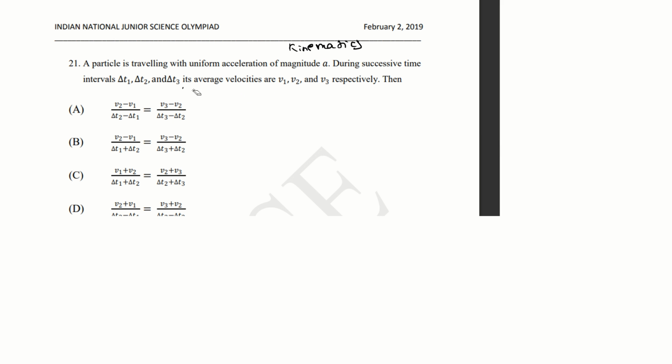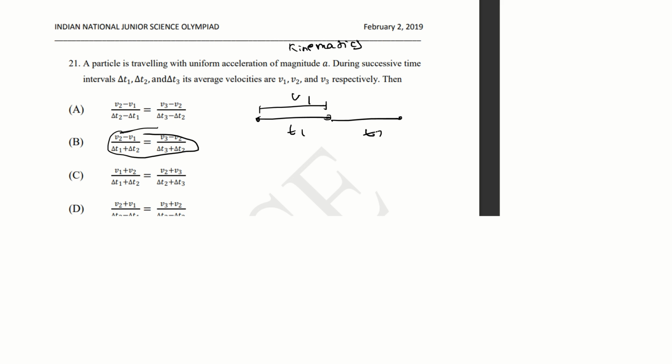If you want an explanation, I'll give the explanation. This question is also something where you might have to check a lot of options. So let's start like that. We are given that v1 is the average of this time interval, which is t1.